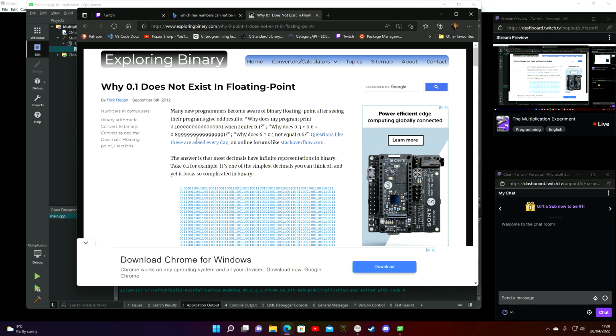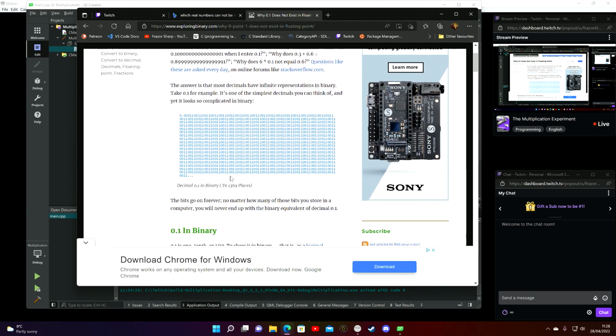So 0.9 is another one that can't be represented. That's what they're trying to say here. Why the heck they put it like that, I don't know. So the binary equivalent of 0.9... They're not actually doing 0.9 here, though.